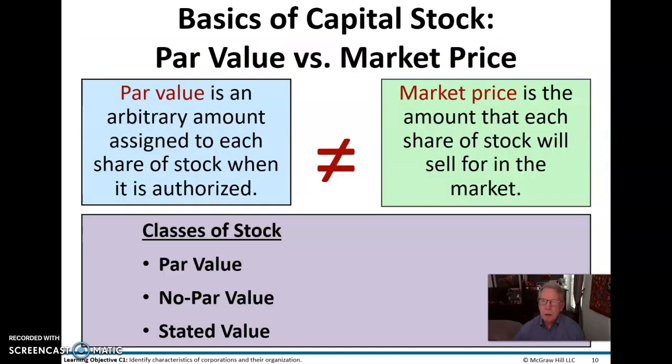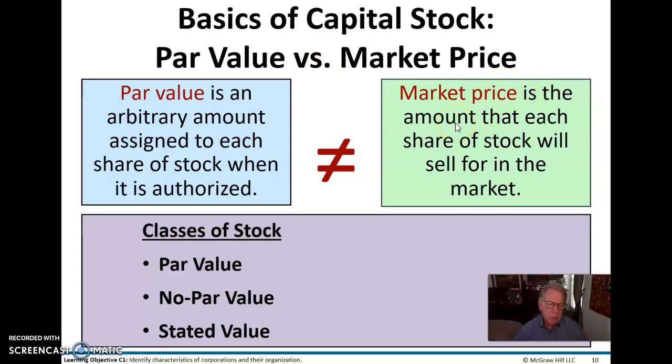Okay, so par value is not related at all to the market price. The market price is what you would get if you sold your shares of stock today. You can find that normally in the Wall Street Journal or the New York Times.